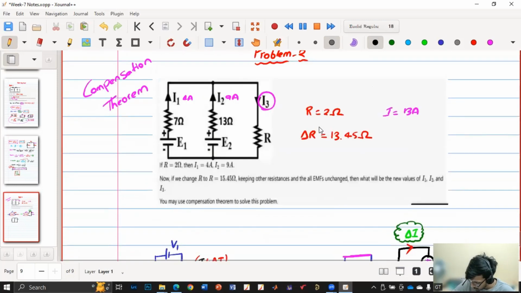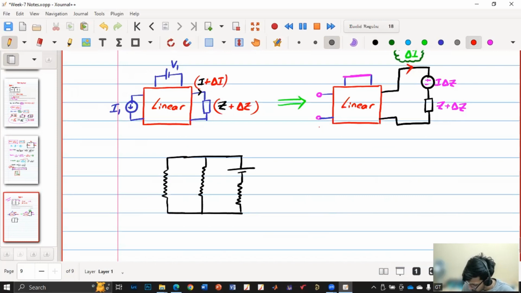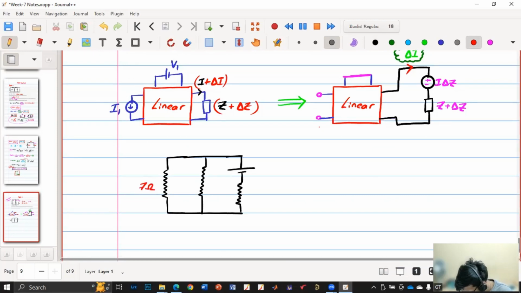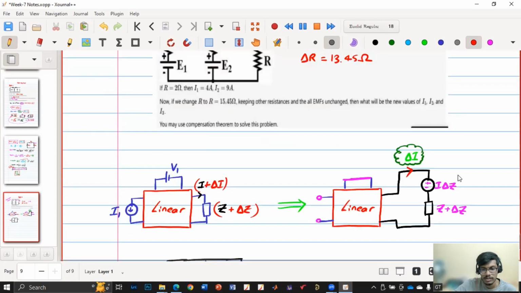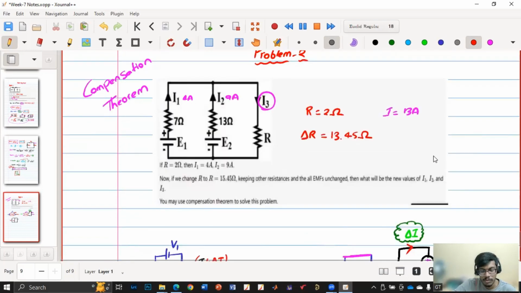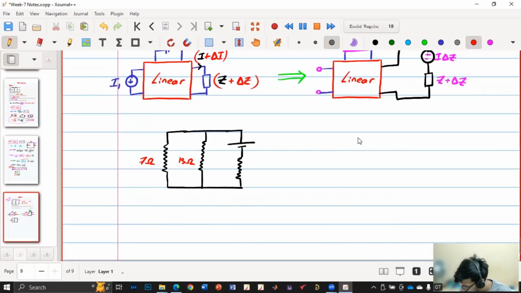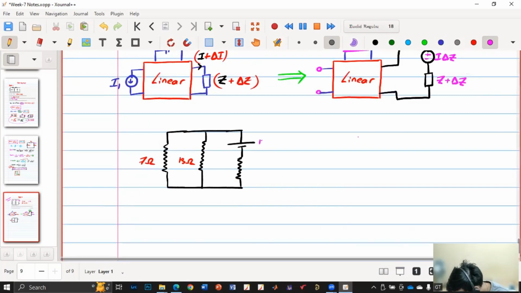Now, what are the resistors? 7 ohm, 13 ohm. What is the value of this voltage source? I delta Z. What will be the value of that? Can someone calculate? 174.85 volts.